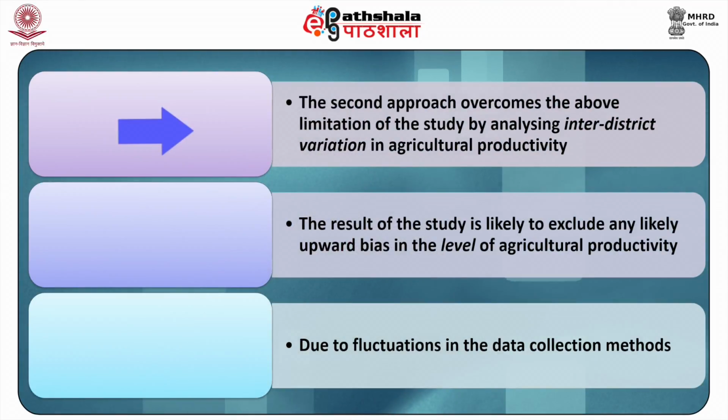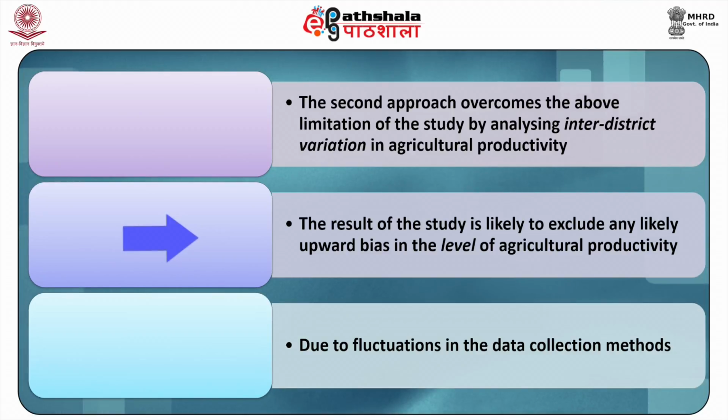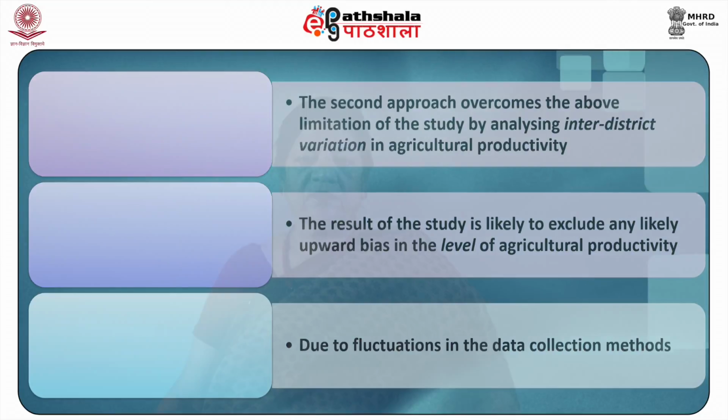The second approach overcomes the above limitation of the study by analyzing inter-district variation in agriculture productivity. The result of the study is likely to exclude any upward bias in the level of agriculture productivity due to fluctuations in the data collection methods.